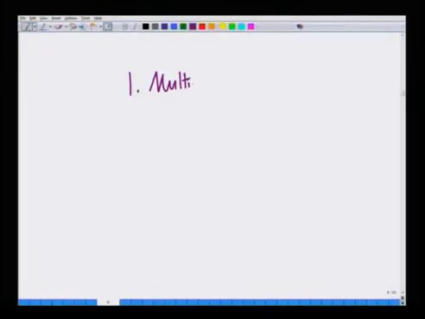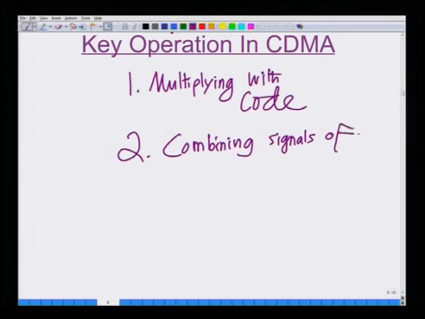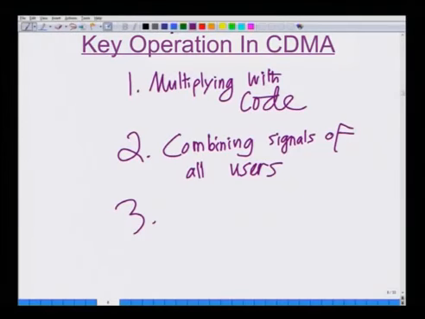And as we have seen already, the key operations here are first multiplying with code. So, the key operations in CDMA are first multiplying with code, 2 combining signals of all users, and 3 at each user, that is at each receiver, I correlate with the code corresponding to that user to recover the symbol corresponding to that user.